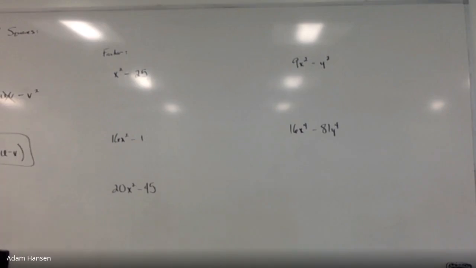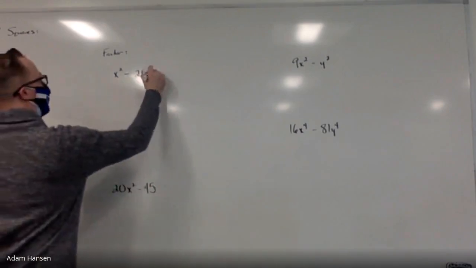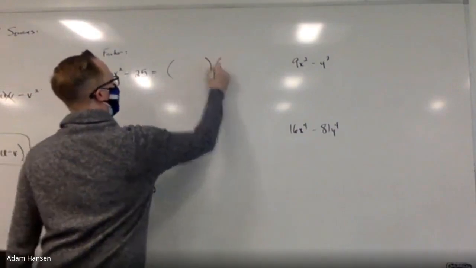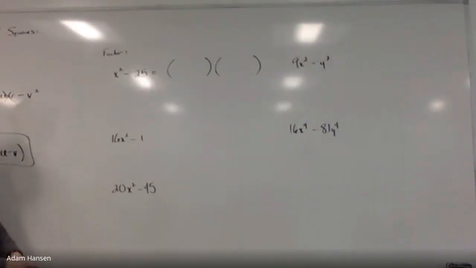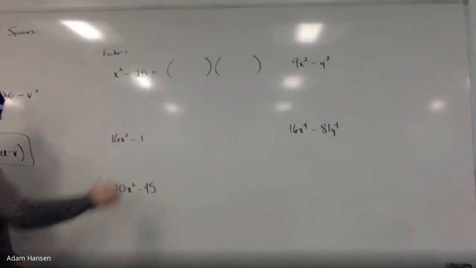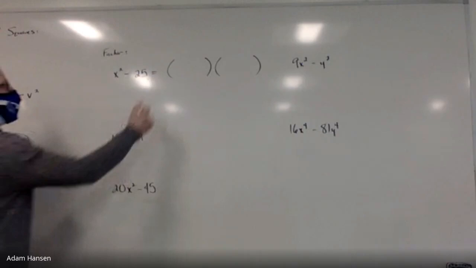So when I factor a difference of two squares, let's write two sets of parentheses and figure out what's going to go inside of them. So obviously, think about perfect squares. X squared is what in x? You start each of the two sets of parentheses with x. 25.